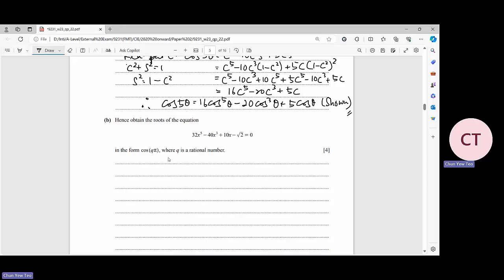From what we have here, 32x⁵ minus 40x³ plus 10x minus 2 equals 0. We let x equal to cos θ. Then you have 32 cos⁵θ minus 40 cos³θ.